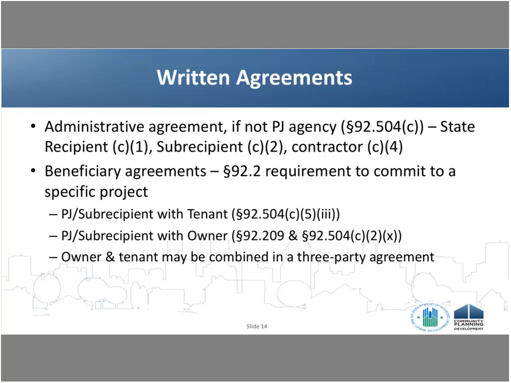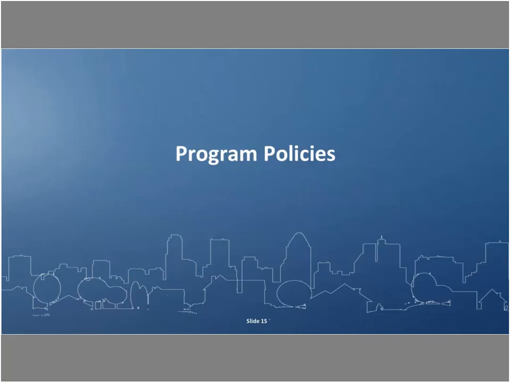Secondly, you need written policies and procedures, which is where we will focus heavily today. And third, you need written agreements executed with every participant to which or through which program funds will flow. With that, I am going to hand it back to Steve.